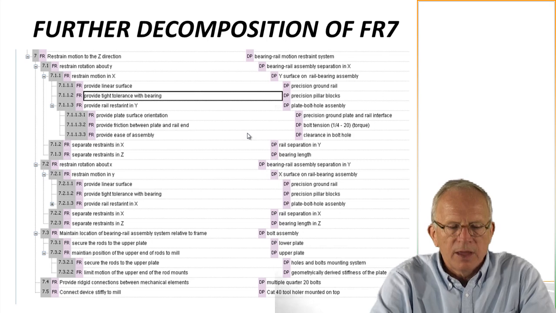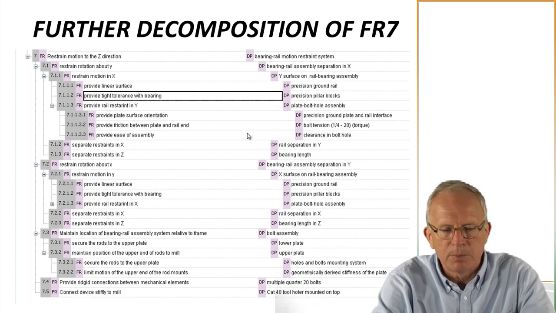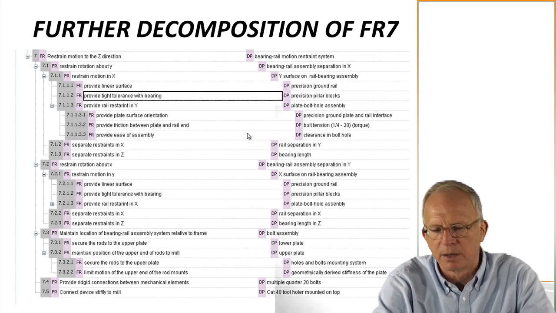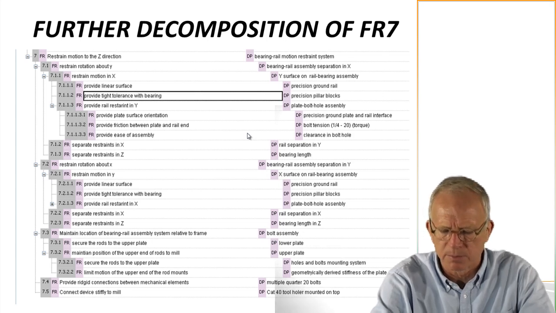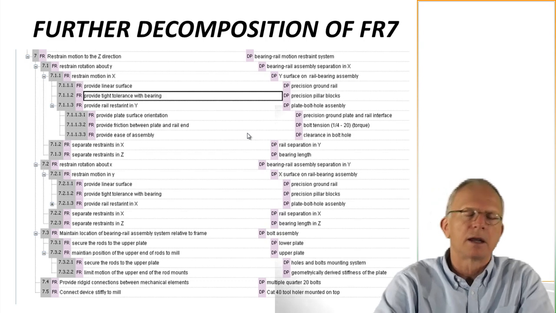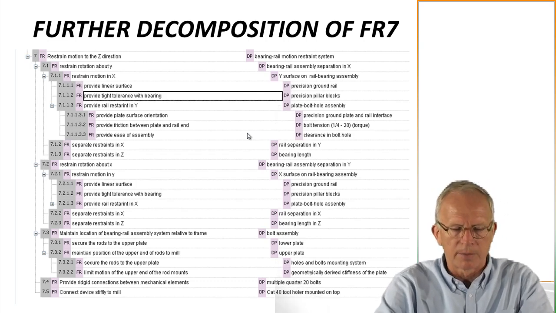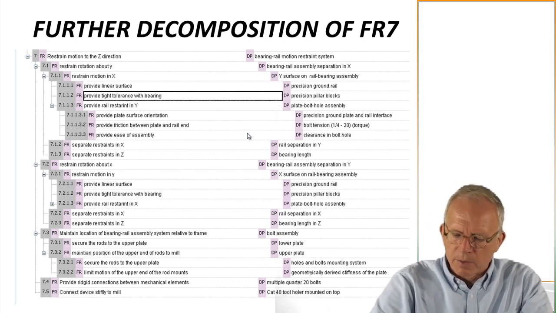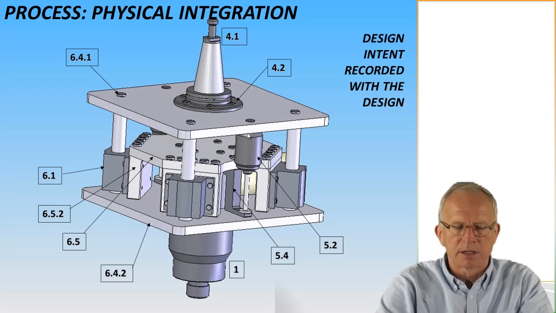So the FR here is anticipating the DP and doesn't really allow for any flexibility or choice in the design. Provide plate surface with the right orientation, and then a precision ground plate and a rail interface. So that looks like it's anticipating the DP, and it's not in a completely solution neutral environment. So anyway, we can critique some of these things.